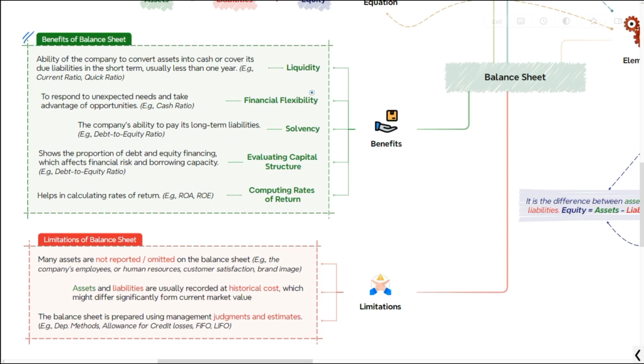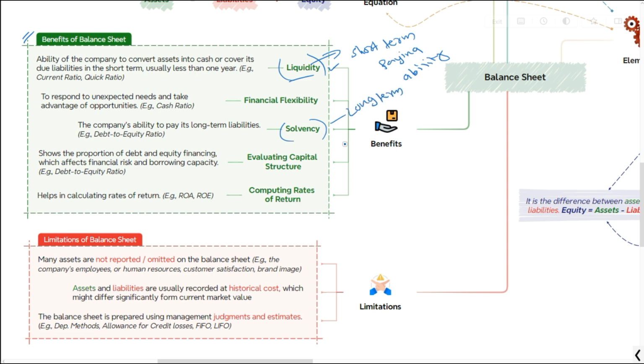Liquidity. One of the benefits of the balance sheet is liquidity. Liquidity measures the short-term paying ability. Liquidity is the company's short-term paying ability, and solvency is the company's long-term paying ability.